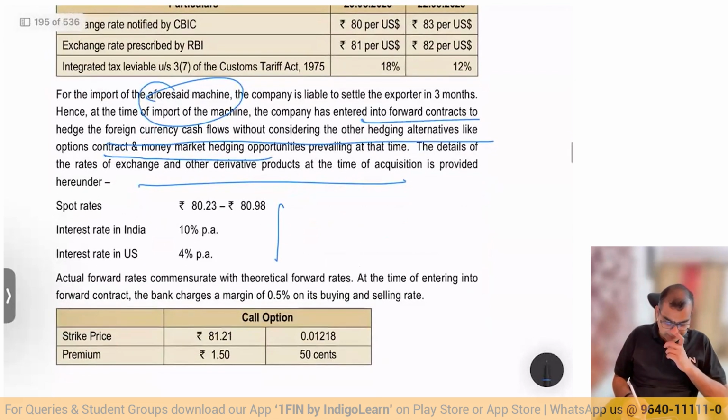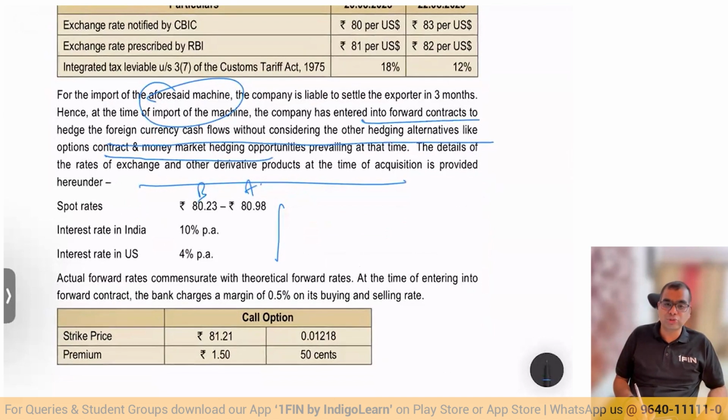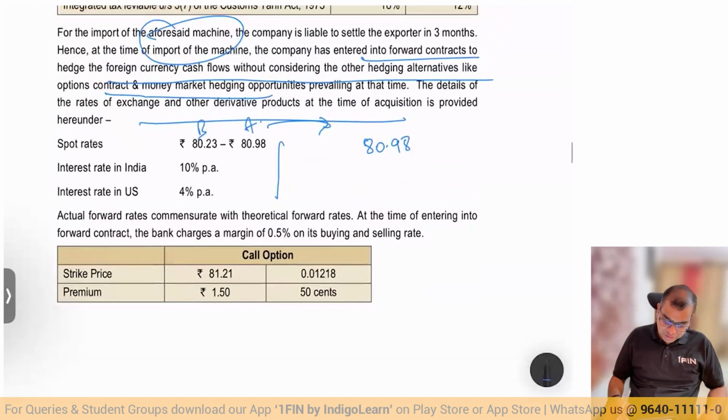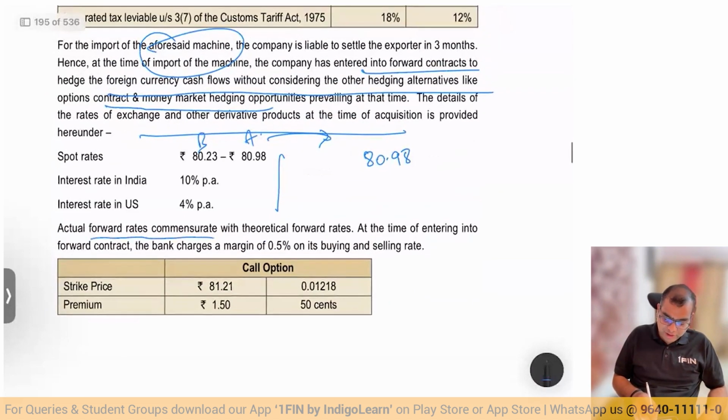Spot rate is this. So this is bid, this is ask. Because they are an importer, they have to buy, which is the banker has to sell. So ask quote will be relevant, 80.98 with respect to spot, but they did a forward contract. And they said actual forward contracts commensurate with theoretical forward rates. At the time of entering into, the bank charges a margin of 0.5 on its buying and selling. So this is an interesting part.